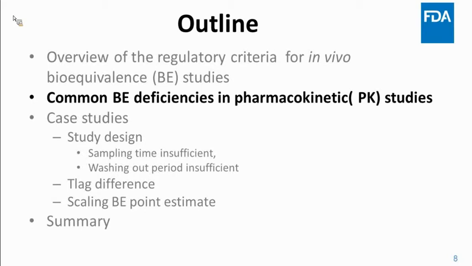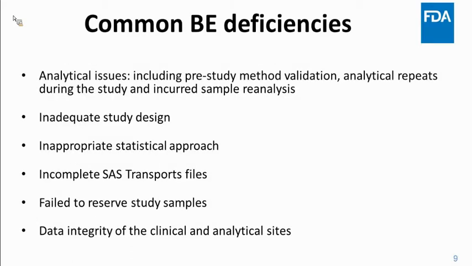Next, we will discuss common BE deficiencies in PK studies. The BE deficiencies can be divided into 6 categories. 1, analytical issues.